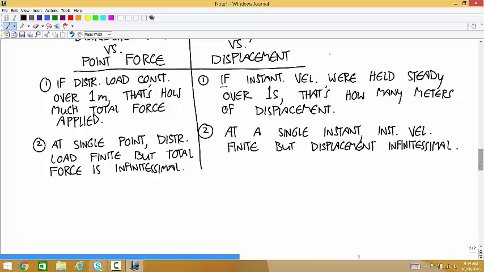And so the third one is: instantaneous velocity only leads to a displacement over a finite time interval.